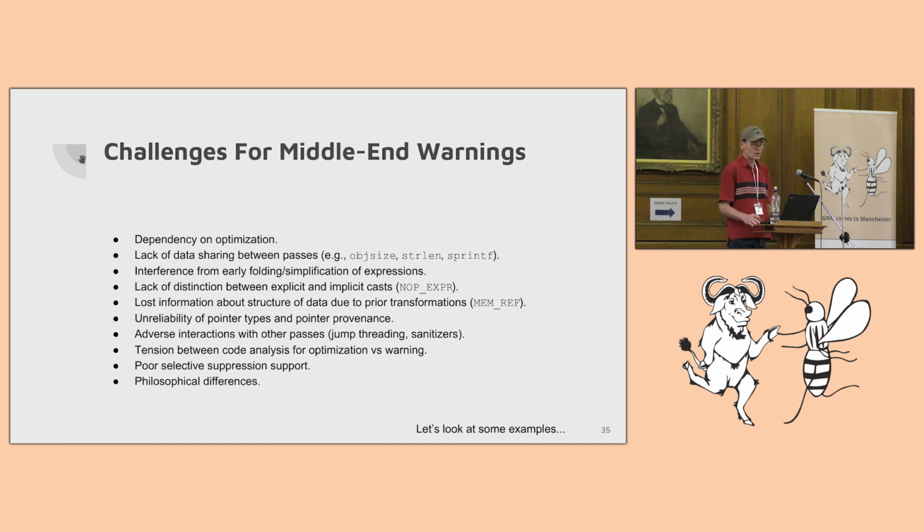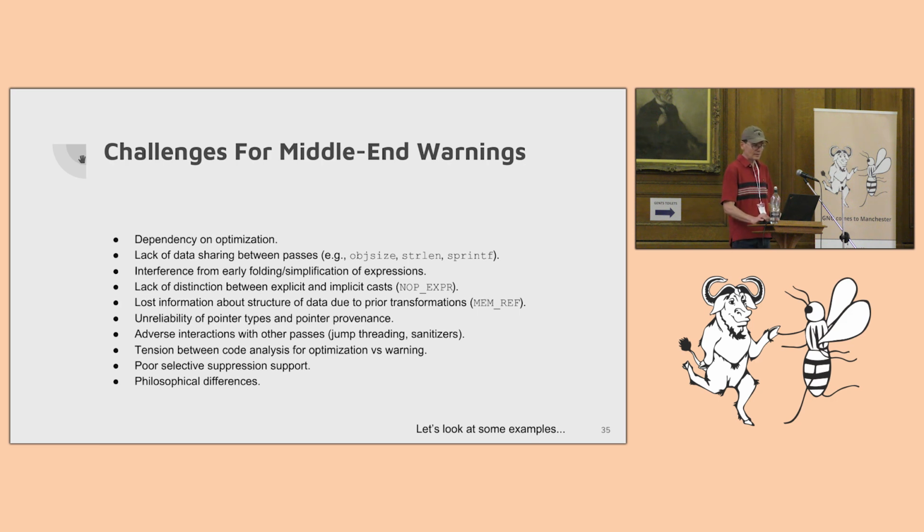We're currently working on merging those two passes, but the general architectural constraint that passes that compute their own private information and don't share it with others, don't expose it to others, that does have to be taken into consideration when you're implementing a new warning. Which pass do I put it in? Or do I put it in its own pass, or do I put it in the string length pass and lose the benefit of object size, or vice versa?